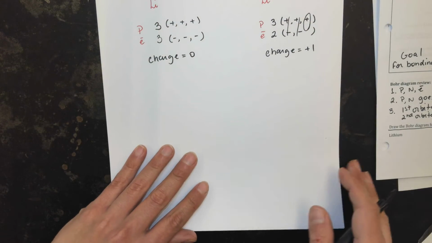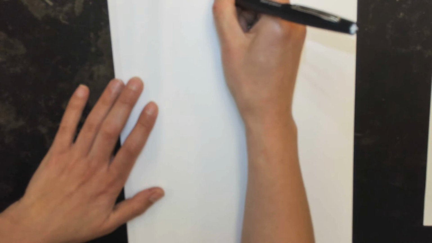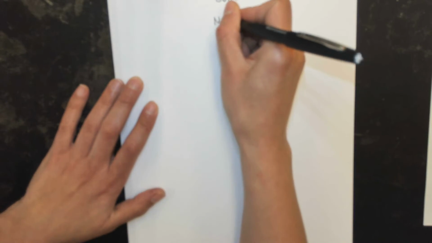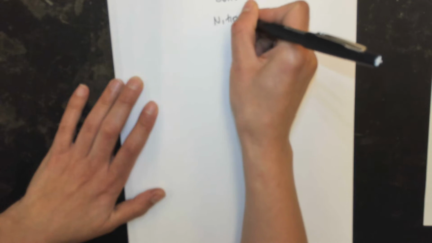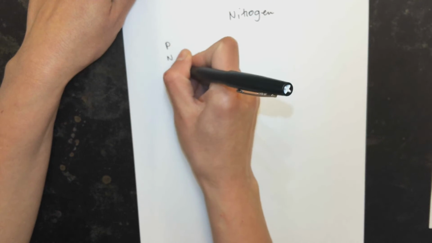So I'm going to do a Bohr diagram for nitrogen. Alright, so this is a Bohr diagram for nitrogen. And this is just a neutral nitrogen. So we begin by looking at protons, neutrons, and electrons.